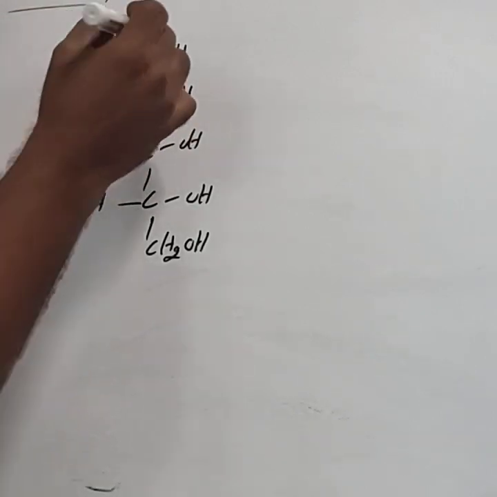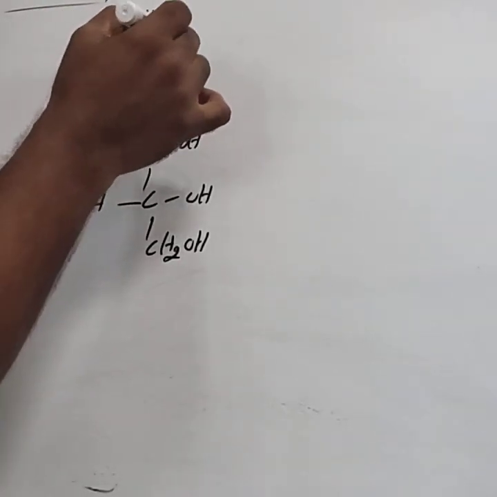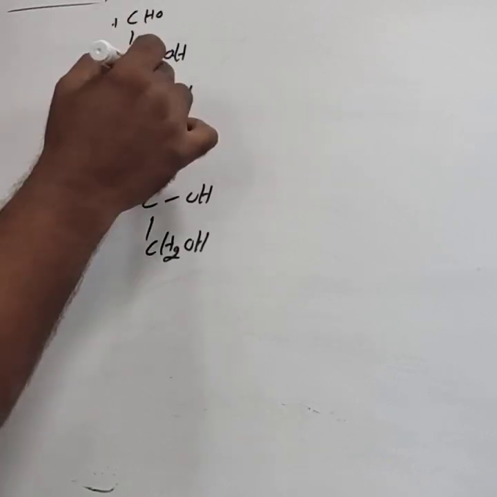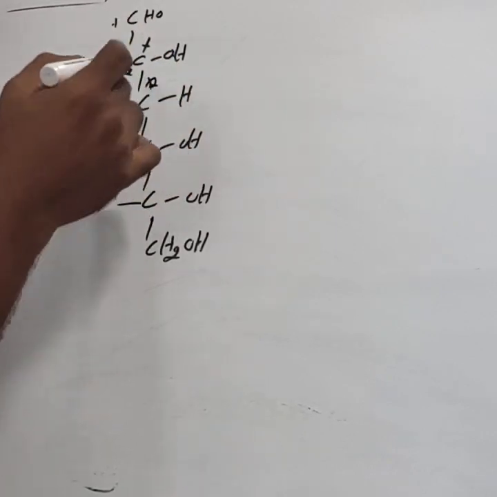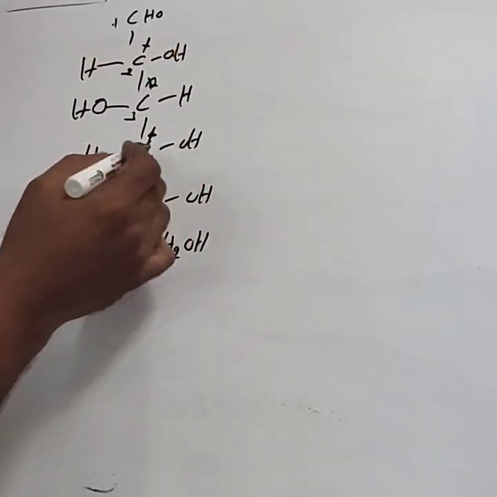The second carbon atom is asymmetric because one has CHO, H, another one is OH, and another is this entire group. Hence it is asymmetric. Next, the third carbon atom is also asymmetric. The fourth carbon atom is also asymmetric, with 4 different groups.